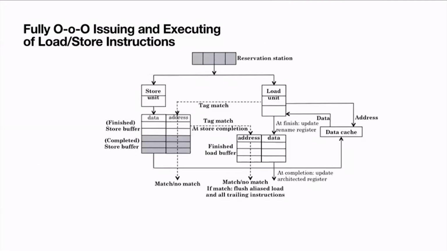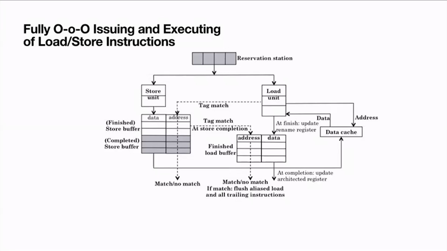So, the reservation station consists of loads and stores. I can pick some load instruction in an out of order fashion, and I can just start generating the address, translating the address, and trying to access the cache. Once the address is translated, then we'll be comparing with the tags of the previous stores that are there in the store buffer.